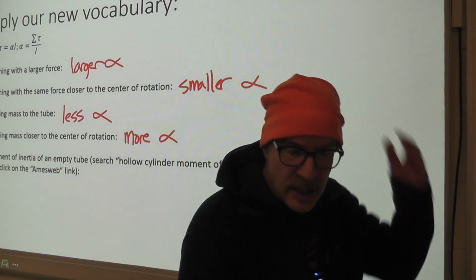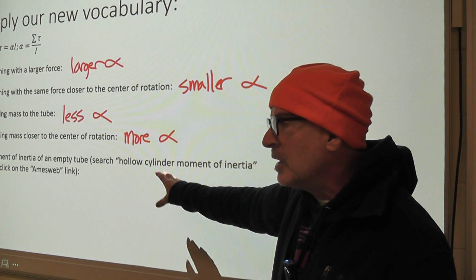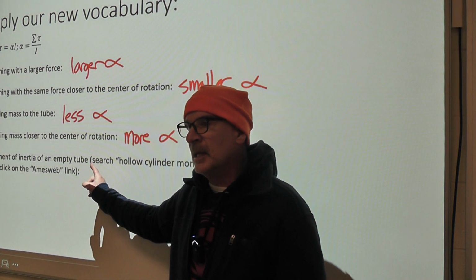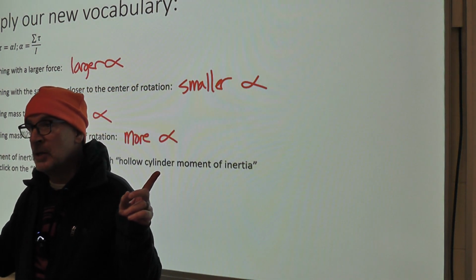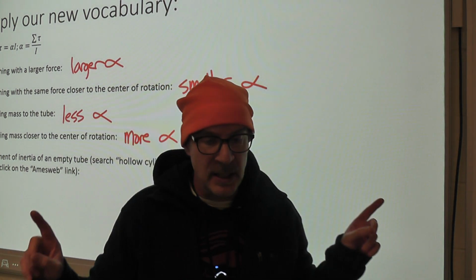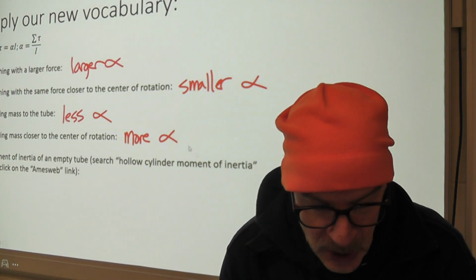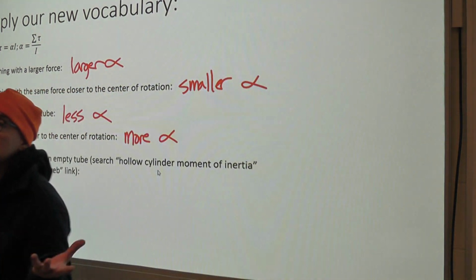All right, and then if we wanted to find the moment of inertia for an empty tube, and this is a little bit misleading because where the tube is being rotated matters, you can do something like, I'm not going to do it right now, a Google search.